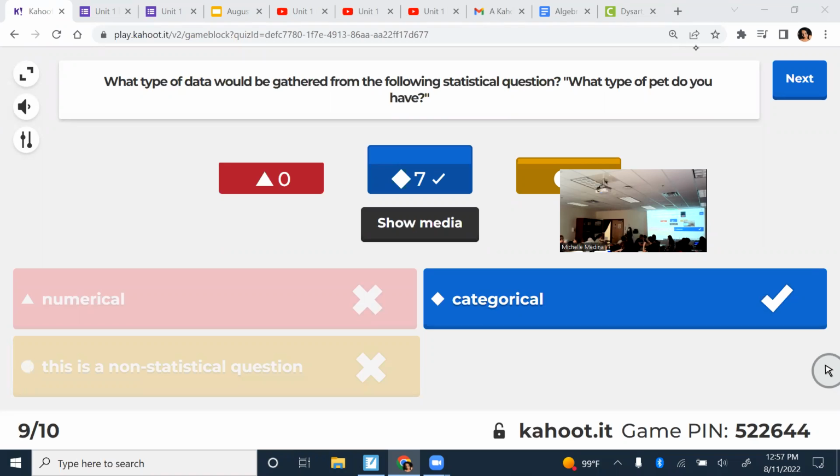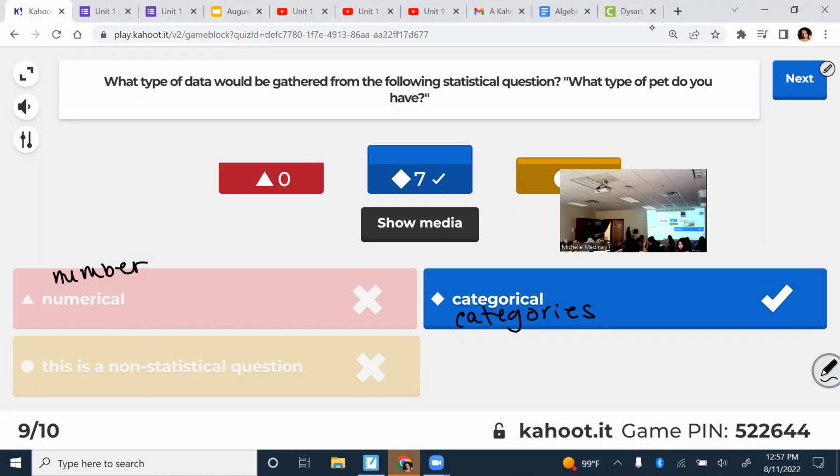What word does categorical sound like? Category. And what word does numerical sound like? If my answer to the question is mostly numbers, then it's numerical. If it's not, then it's categorical.